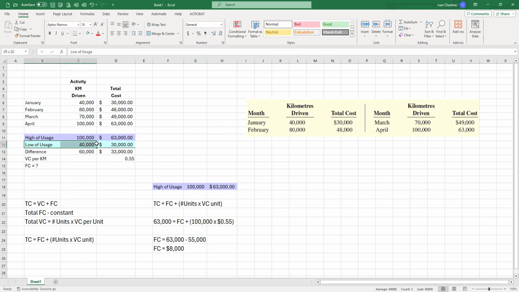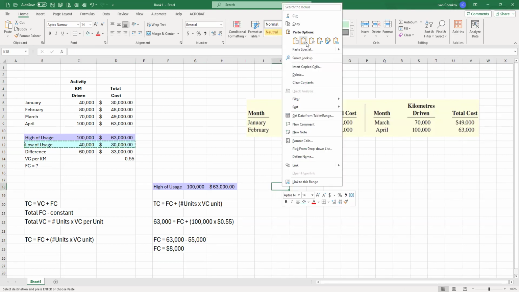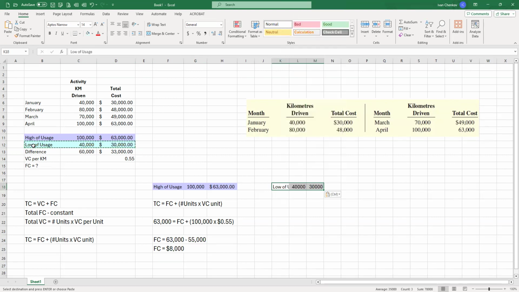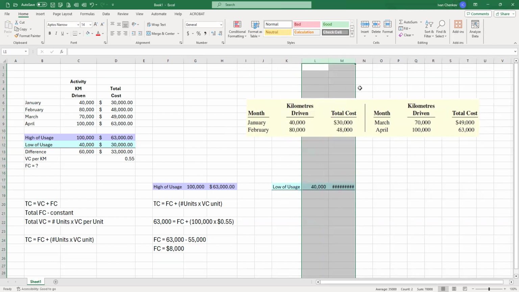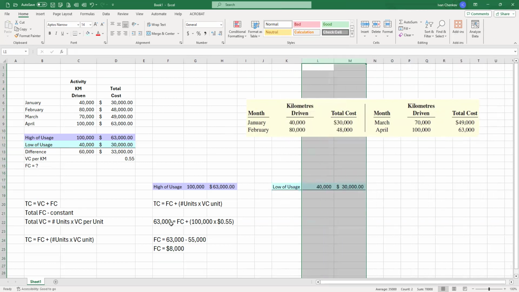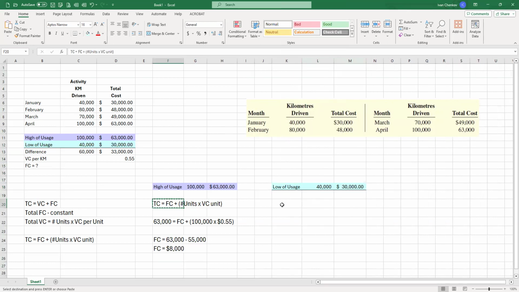Let's try with the low usage and see what we're going to get. If we're using the low usage, nothing's going to change. The formula is still the same.